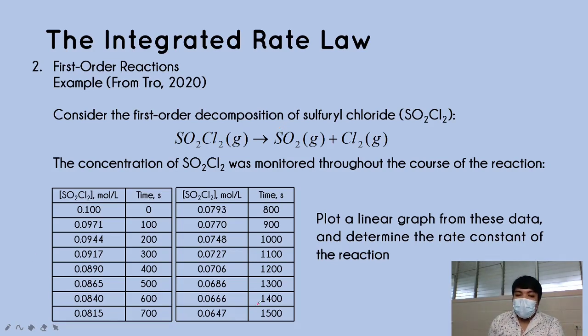We have a set of data here wherein the concentration of sulfuryl chloride was monitored throughout the course of the reaction. This is also one way of determining the reaction order, and actually this is more common. This is experimental. When you conduct experiments, this is actually much easier than the one we showed for a simple rate law, for the fundamental concepts of rate law.